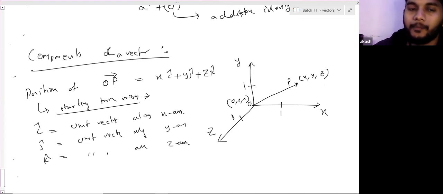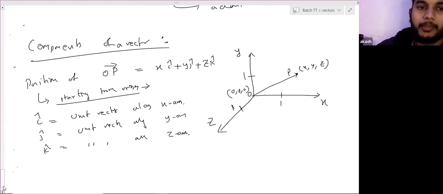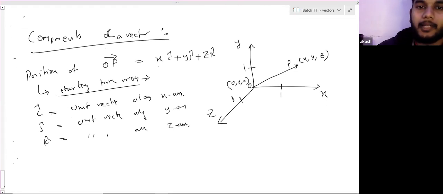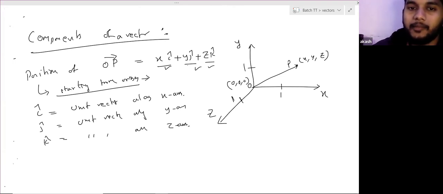So the magnitude of i, j, and k will be 1. Position vector OP we can write as x i cap plus y j cap plus z k cap. All right. So these are called the components of a vector. We broke this vector into 3 axes, x, y, and z, and we know how to write it. Is it clear, everyone?